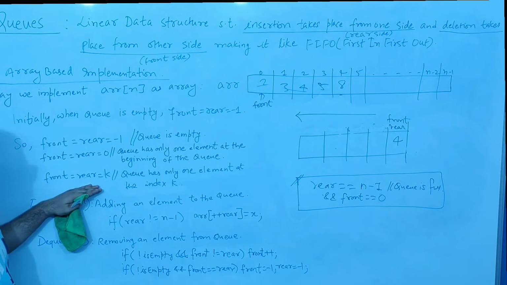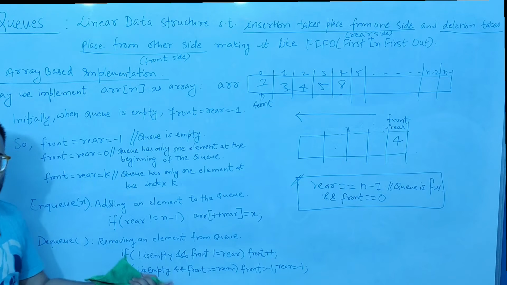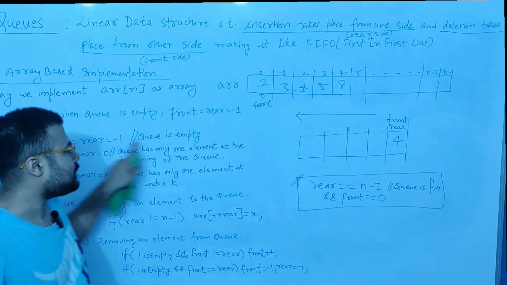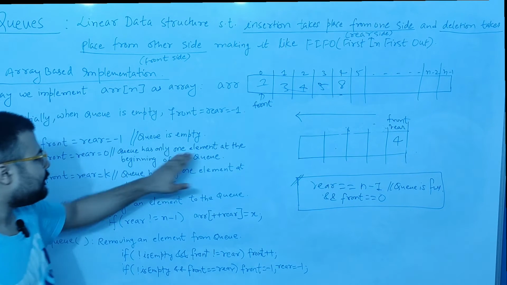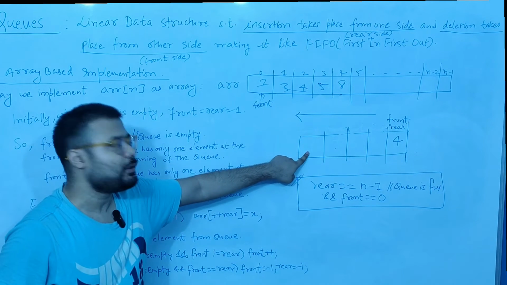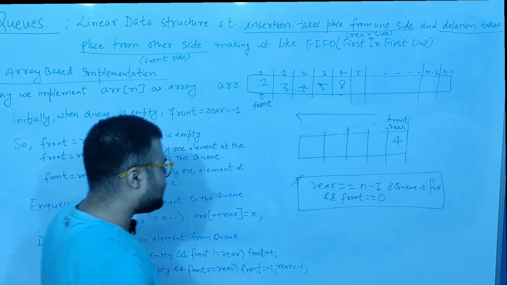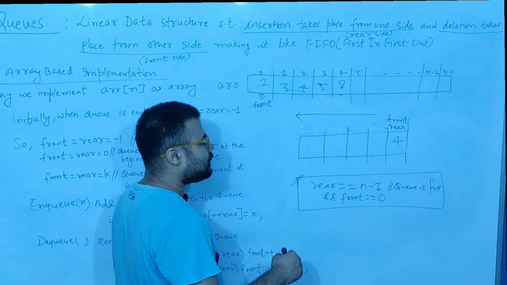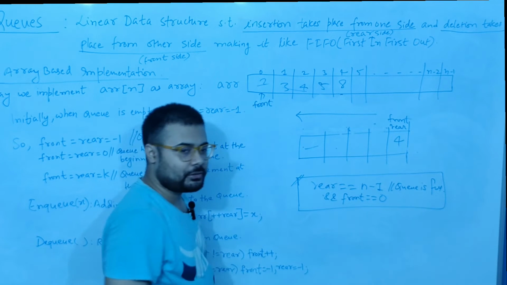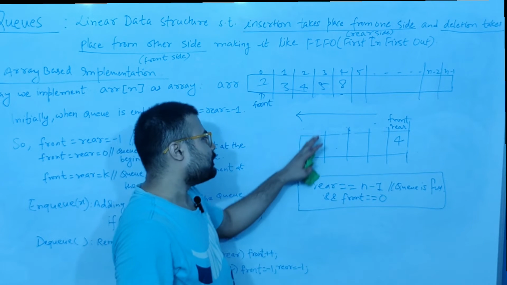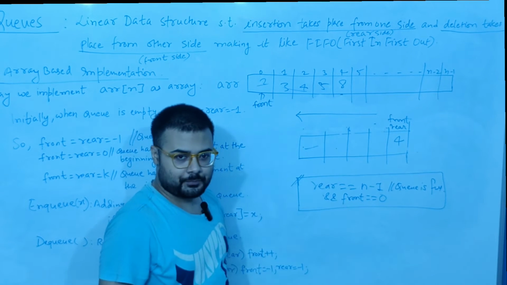So there are three cases I have taken when front and rear become equal. One is when they are -1, it means the queue is empty. Another is when front is equal to rear is equal to 0, it means your queue has only one element, at the beginning. When your queue is empty the very first time and you add an element, front and rear both will have the index of this.